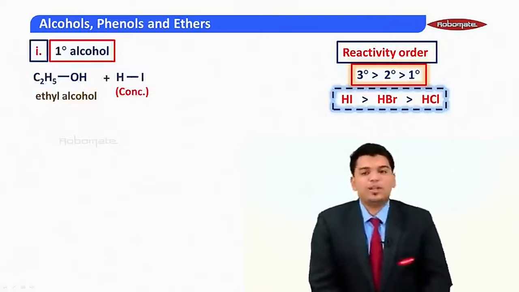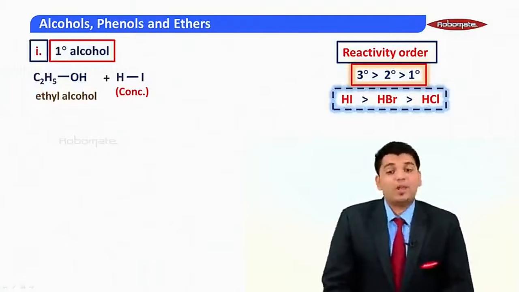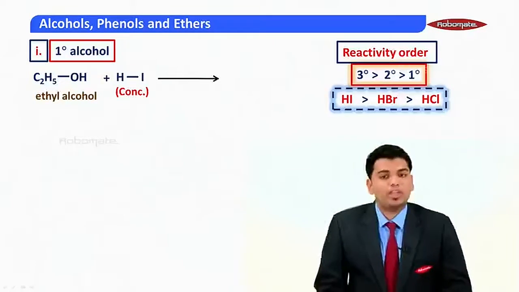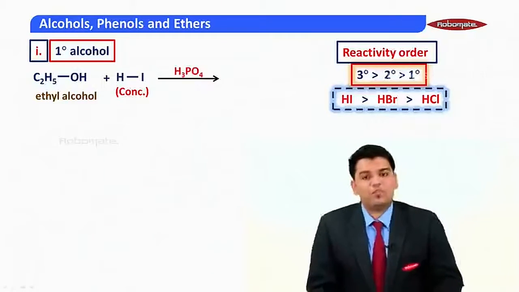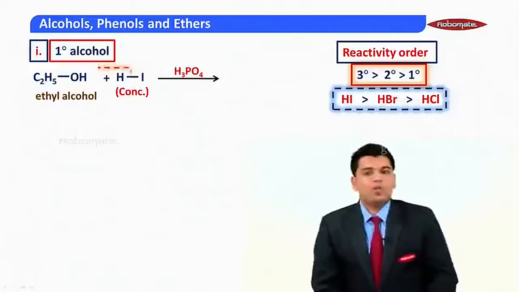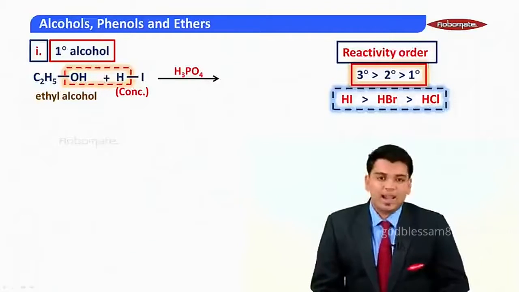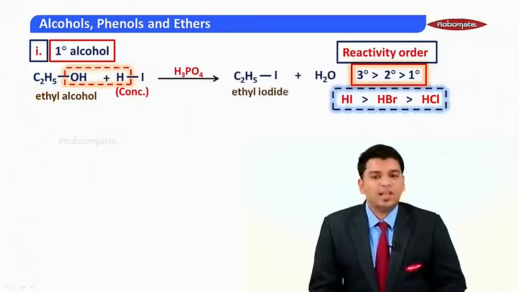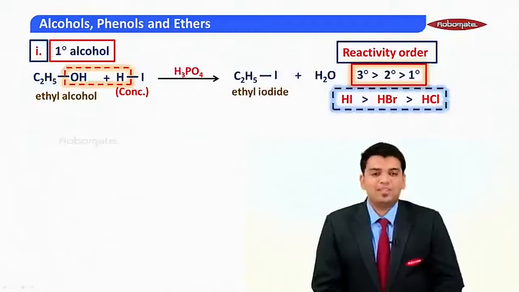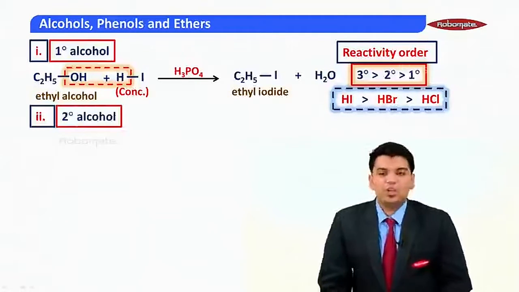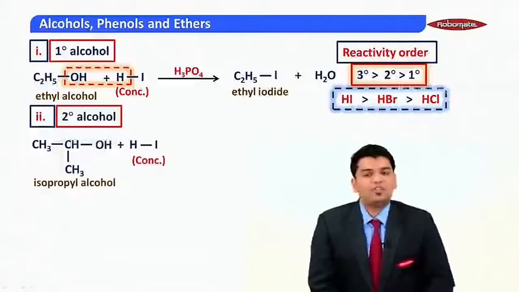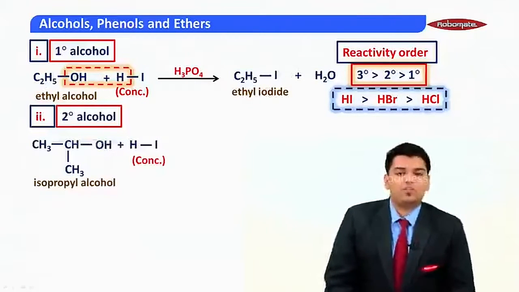First, the 1 degree example is ethyl alcohol, and when it reacts with conc HI, it requires the presence of H3PO4. Again, a water molecule is eliminated and we get ethyl iodide, or in IUPAC terms, iodoethane. 2 degree should be simpler to perform. We have isopropyl alcohol in the presence of HI.